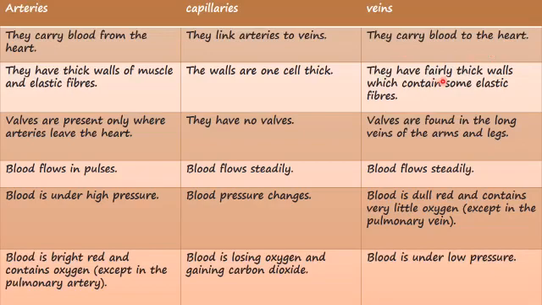Talking about the veins, they carry blood to the heart and they have fairly thick walls which contain some elastic fibers. Valves are also found in the long veins of the arms and legs. Here also the blood flows steadily. Only arteries have blood flowing in pulses. In veins, the blood is dull red, not bright red, and contains very little oxygen except in the pulmonary vein.